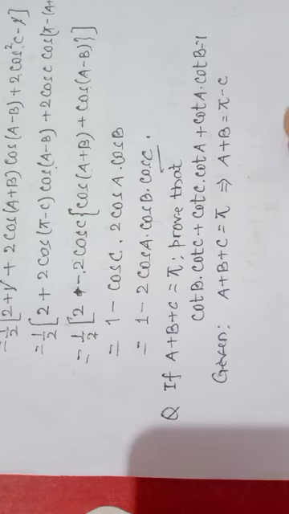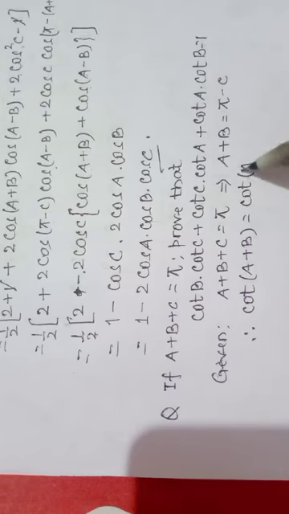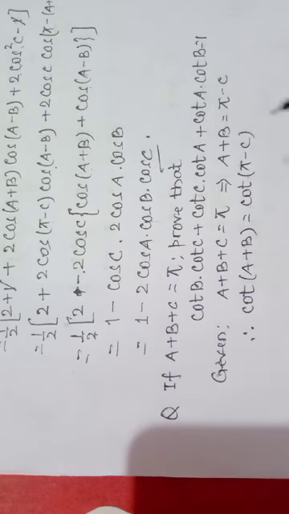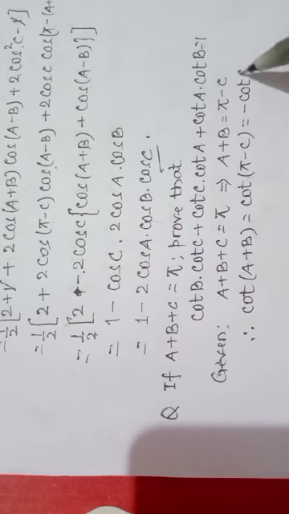This is a problem of cot, so take cot on both sides. So cot (a plus b) is equal to cot (pi minus c). Now cot (pi minus theta), so cot (pi minus c) is minus cot c. So we should write it as minus cot c.